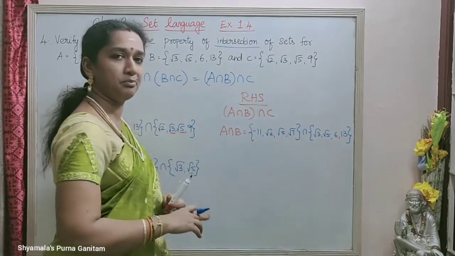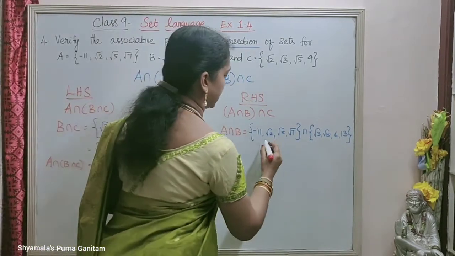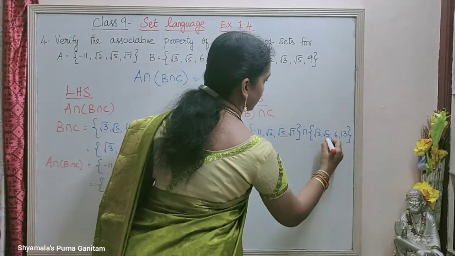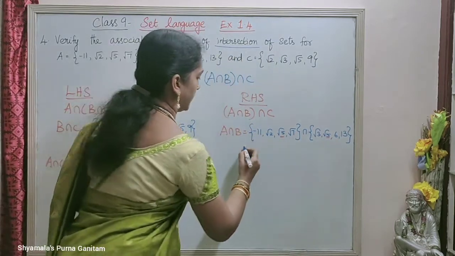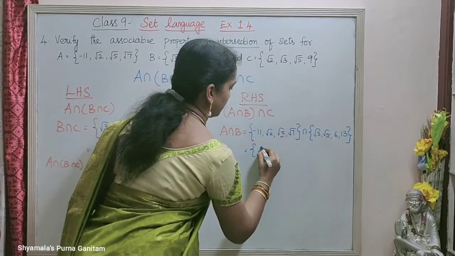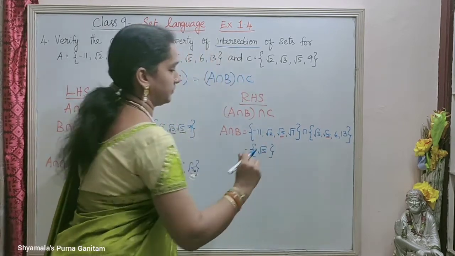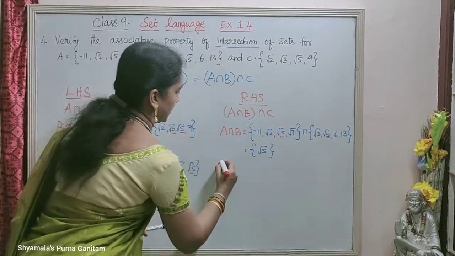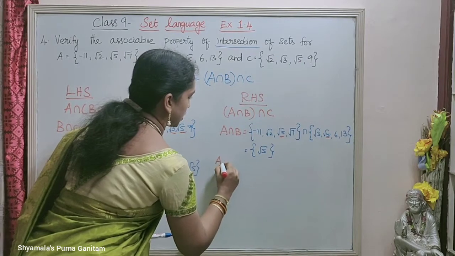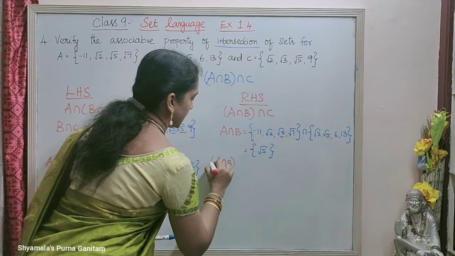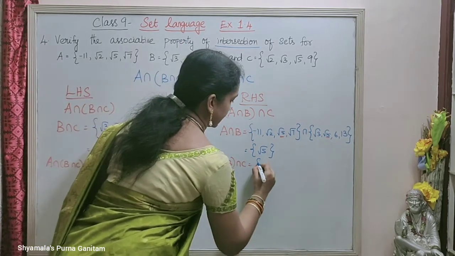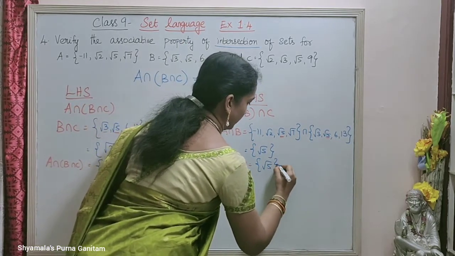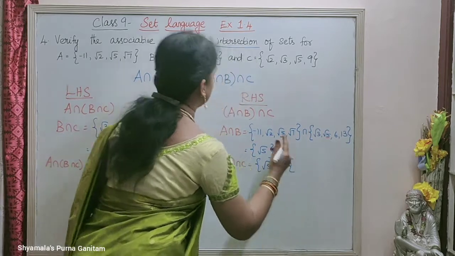The intersection of both sets is root 5, which is common to both. So A intersection B is root 5. Then next one is (A intersection B) intersection C, that is root 5 intersection C.